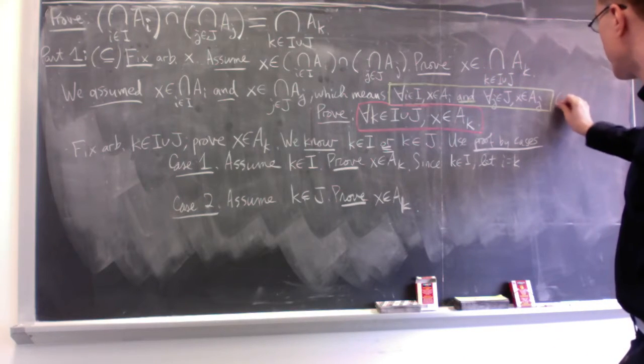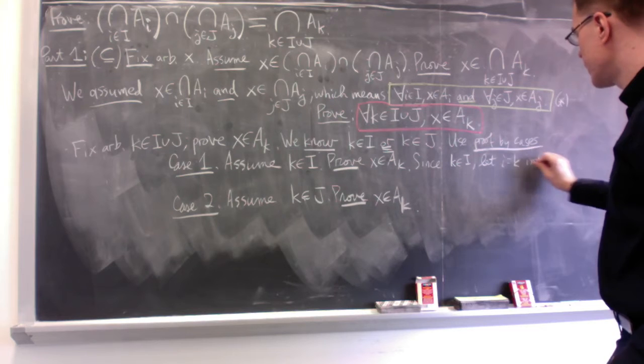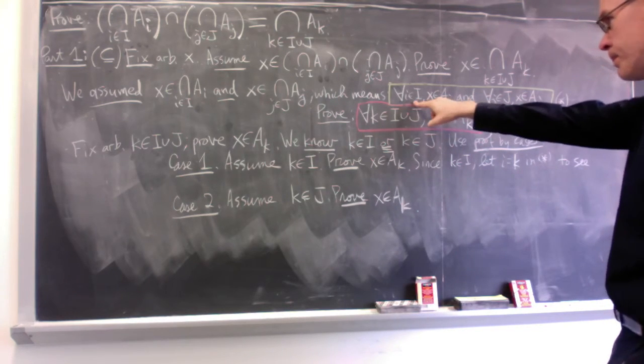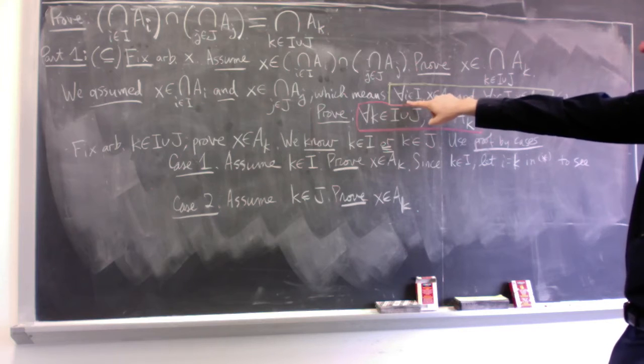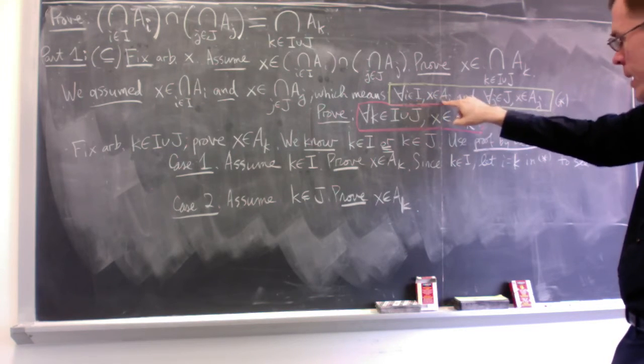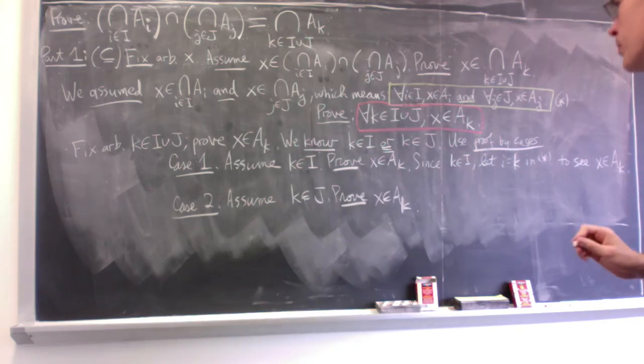I don't think I've used star yet. I'll call it star. But i equals k in star to see, because it's true for everything, including this little k that comes from capital I. So I get that x is in A_k, which is the goal.